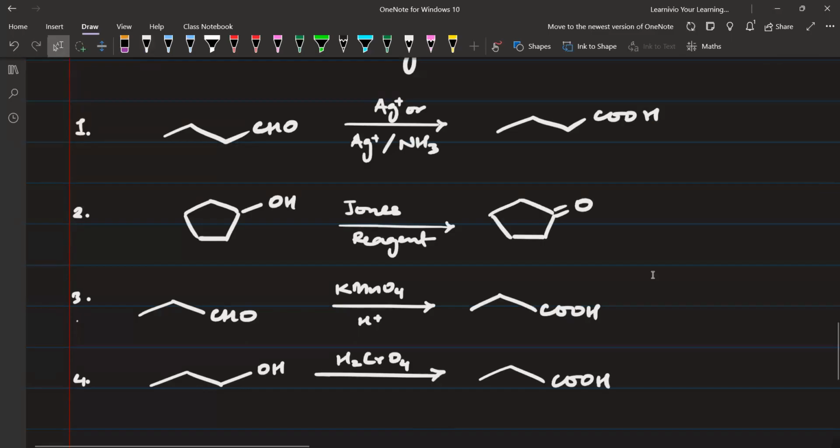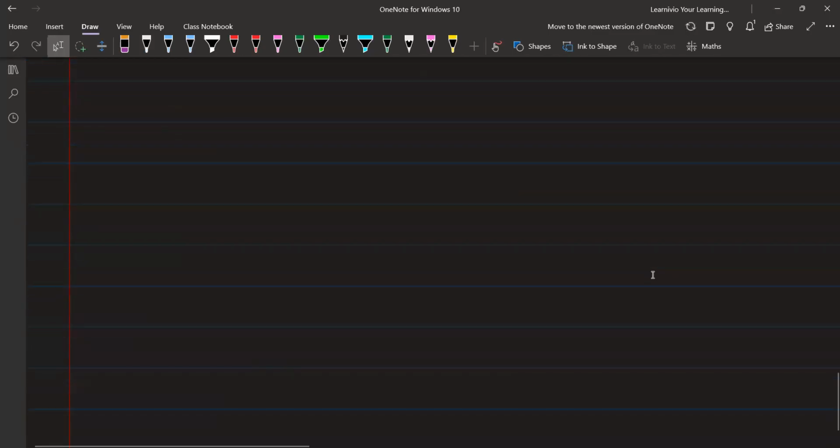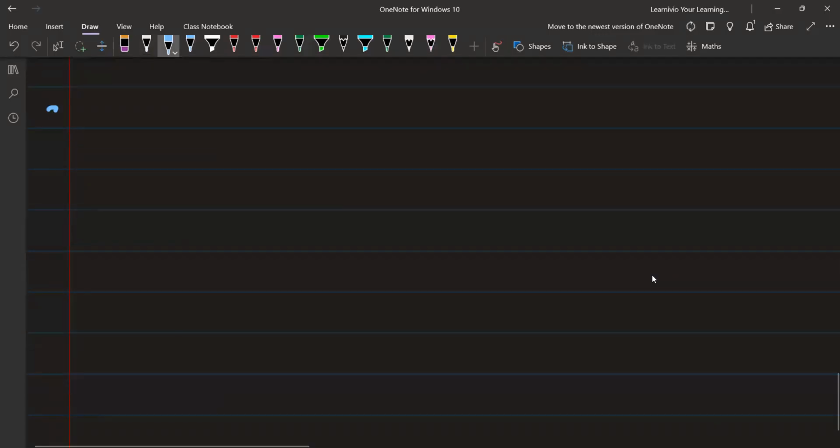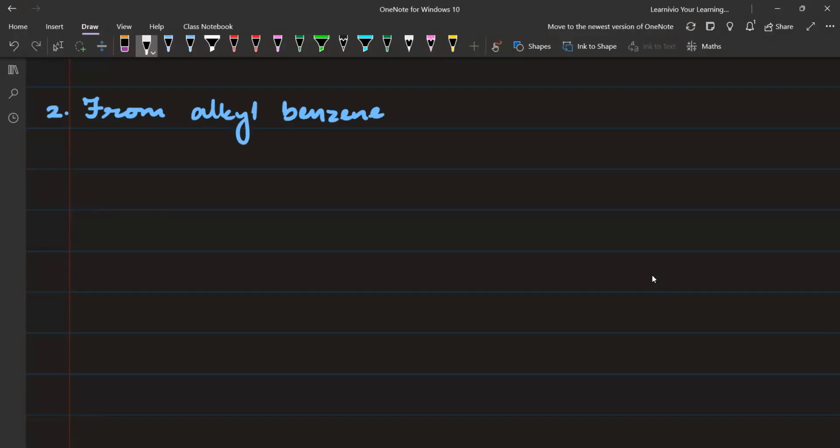Let's take it up from alkyl benzene. In alkyl benzene, we can start with ethyl benzene, methyl, ethyl, propyl, isopropyl. It doesn't really matter.